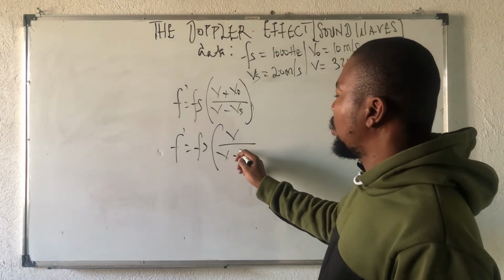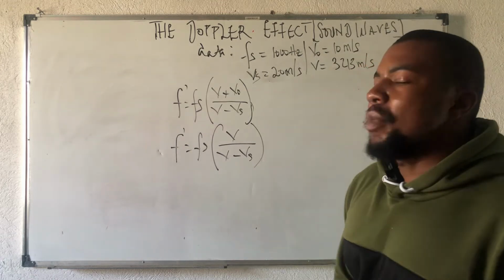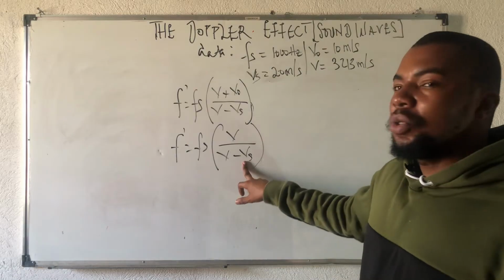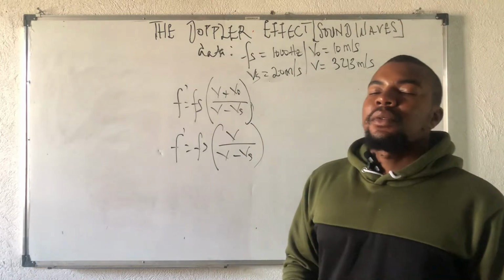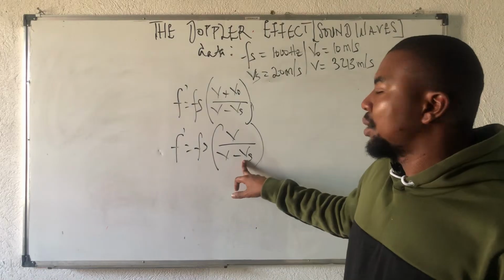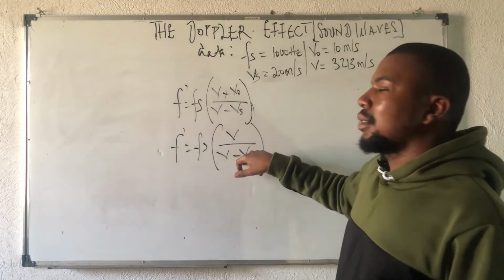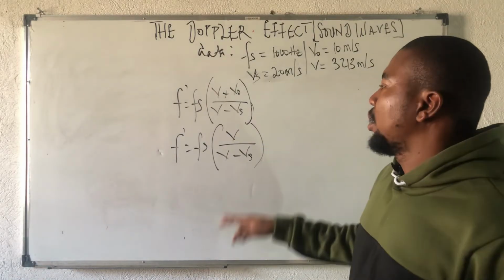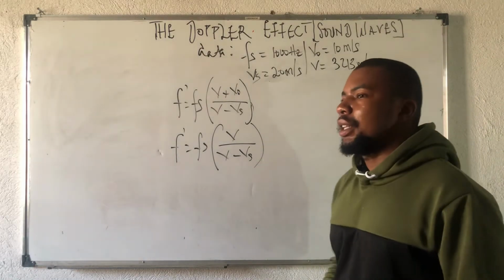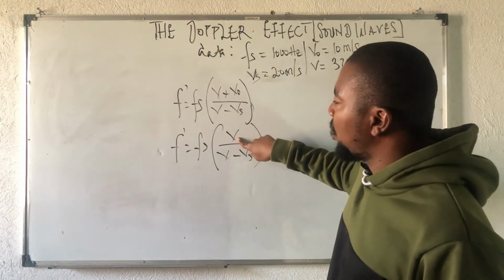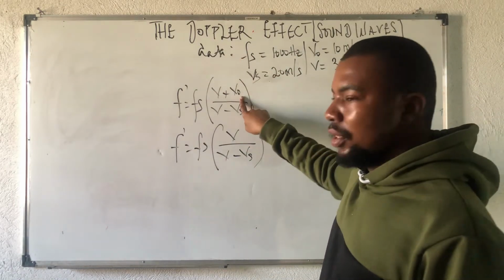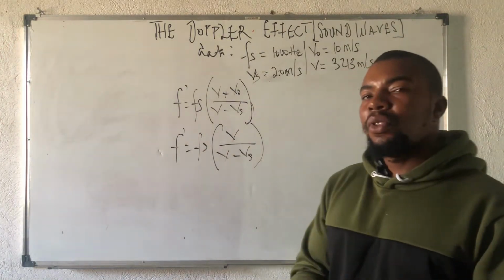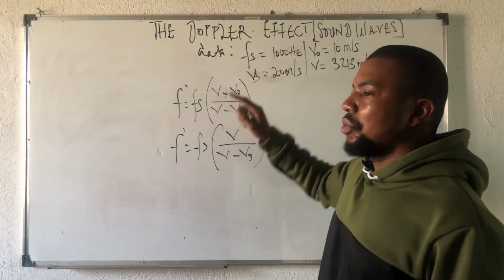You might ask why this one is still negative since the source is moving towards the observer. Yes, because positive multiplied by negative is negative, so this one remains unchanged. The reason this one changed is that the velocity of the observer has changed. As the observer is now stationary, he's no longer moving, so it has to be 0.